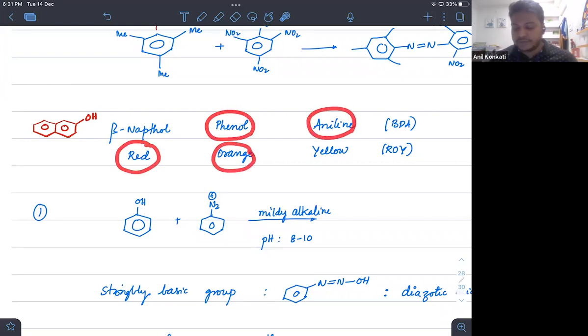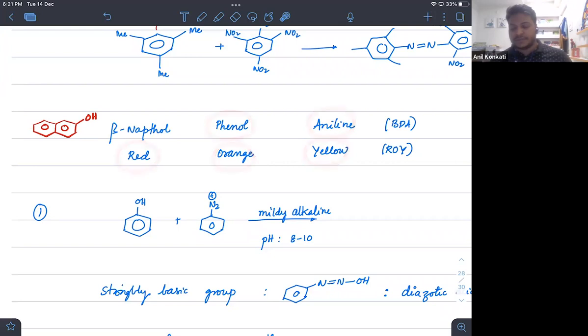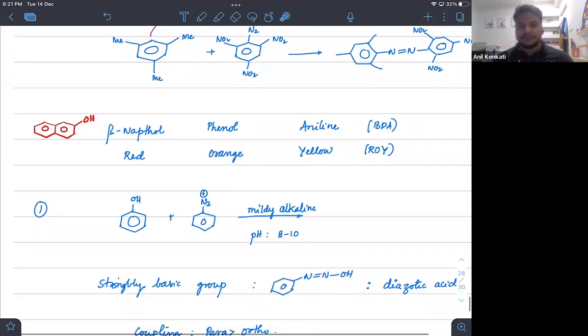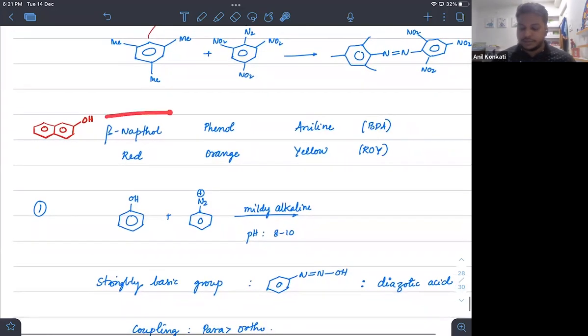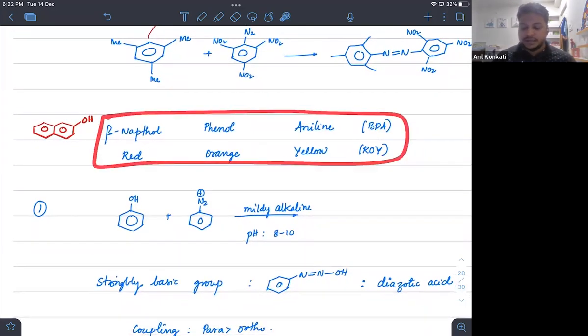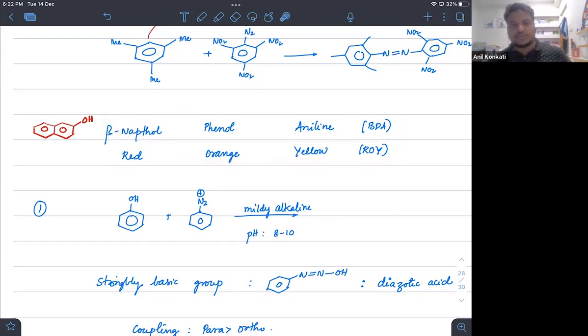If it is aniline, we'll get yellow color. Got it? So remember it this way: BPA and ROY. So BPA, that is beta naphthol, phenol, or aniline, red color, orange color, or yellow color. Clear, beta? This is for the objective questions. Remember it directly: with diazonium salts, which will be what color?